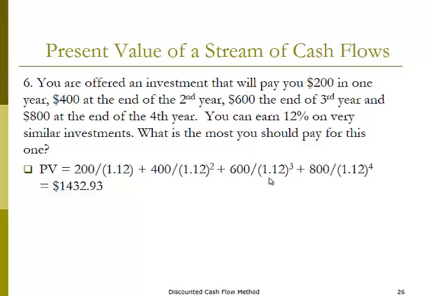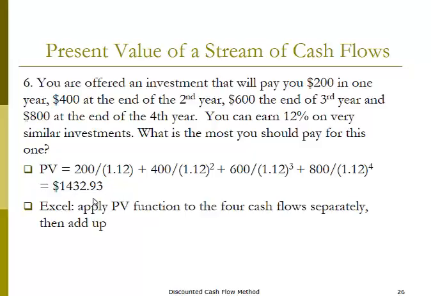And 600 discounted by 1 plus r to the third, and 800 discounted by 1 plus r to the fourth. Okay, so calculate these and then add up the total. So present value is 1432.93, means that you don't want to pay more than this. This is what the investment is worth to you. Okay, you don't want to pay higher than this.